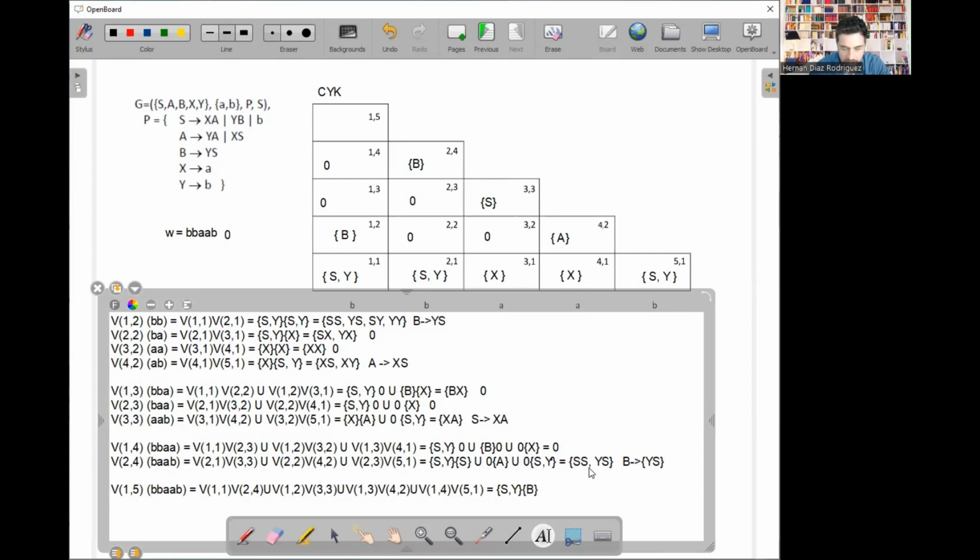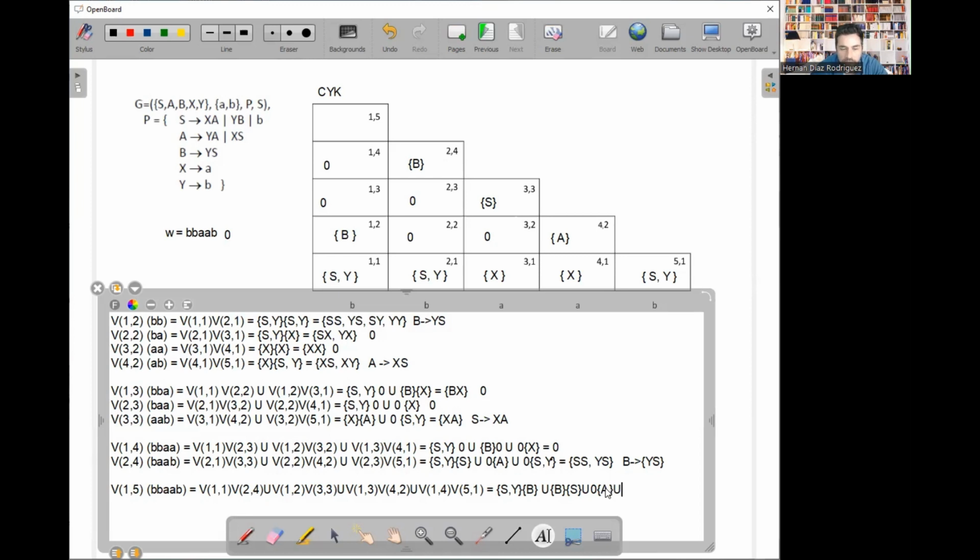This is the first one, then what we have in the position 1, 2, which is B, and then 3, 3, which is S, and then what we have in the position 1, 3, which is 0, and 4, 2, which is A.